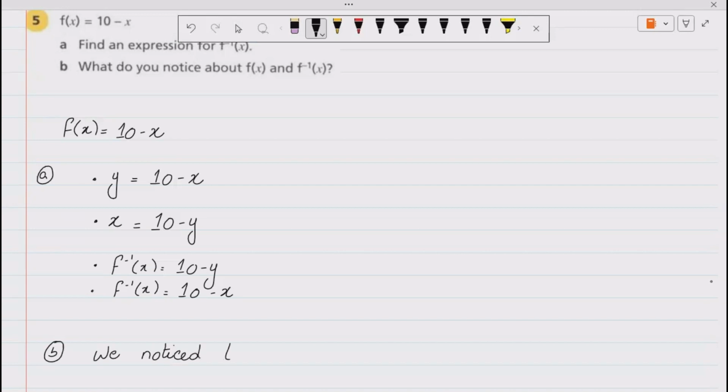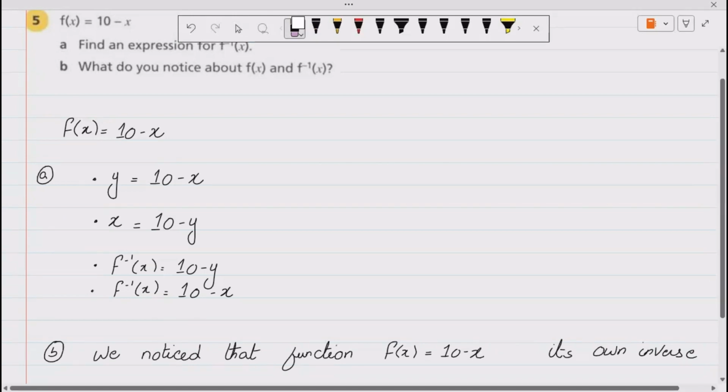that the function f of x equals 10 minus x has its own inverse, or in other words, it is its own inverse.